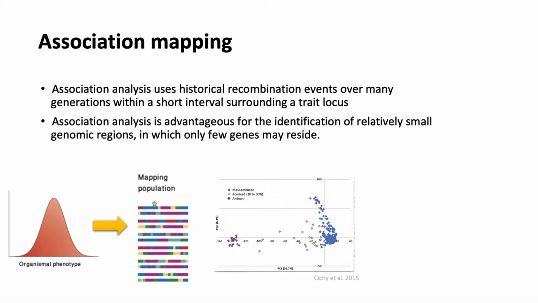In dry bean, we have two gene pools, the Mesoamerican or Middle American and the Andean gene pool. So we have to take care of that population structure for the analysis, because if we don't take care of the subpopulation, we are going to have problems with the identification of the regions that have association with the phenotype.